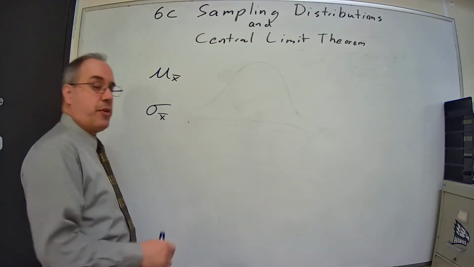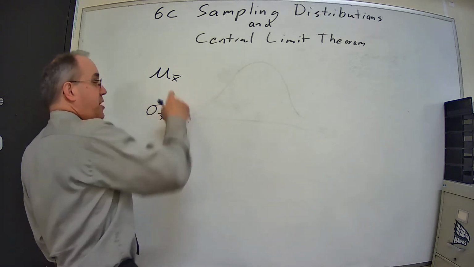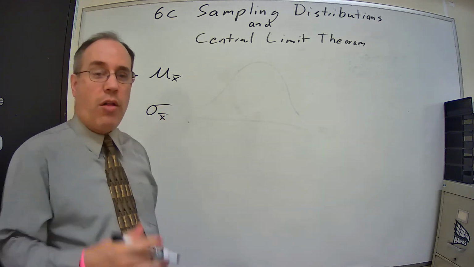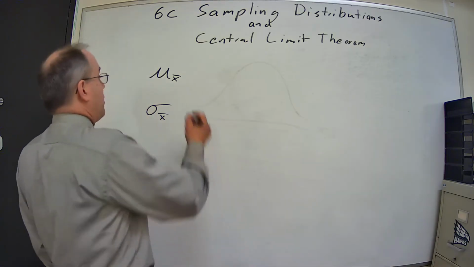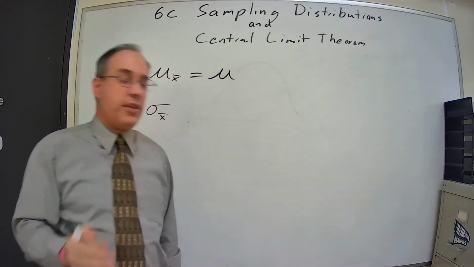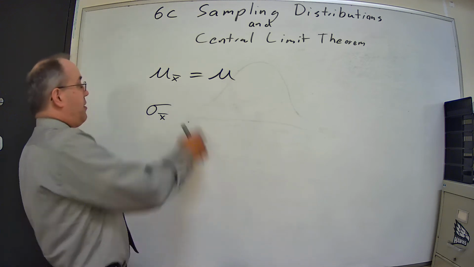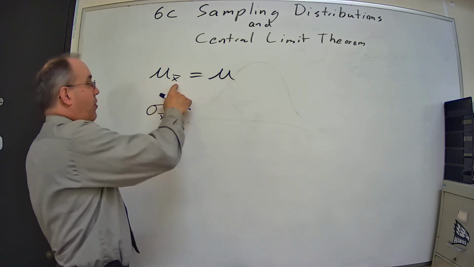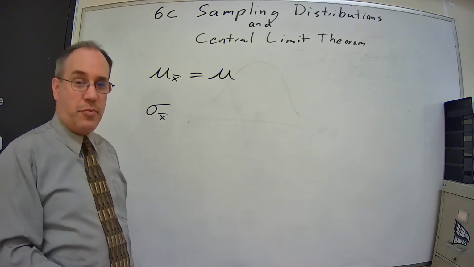That central limit theorem tells us that the population mean of the sample mean, so if I average all of the possible sample means from some distribution, that is equal to the population mean. So if I take the mean of all the sample means, I'm going to get the population mean.